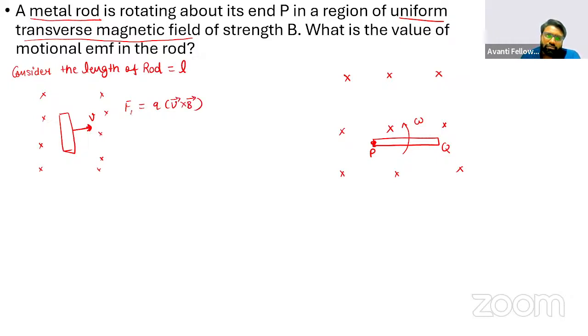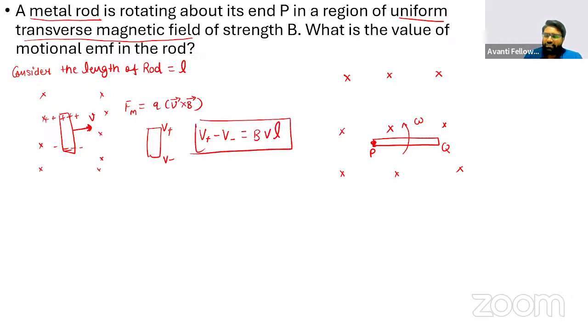Due to this force, the rod will get positively and negatively charged. Positive and negative charge will be established on the ends of the rod, and this leads to a potential difference V plus minus V minus, which is nothing but BvL. In the previous session, we have seen it.